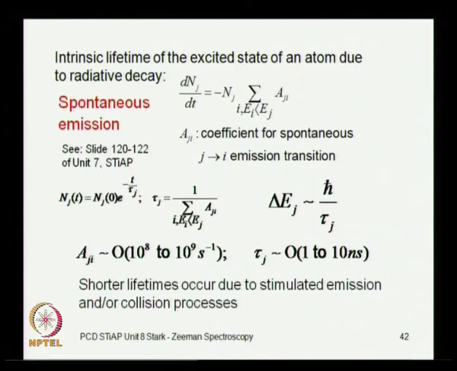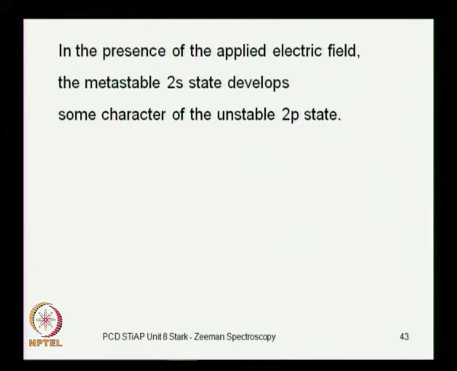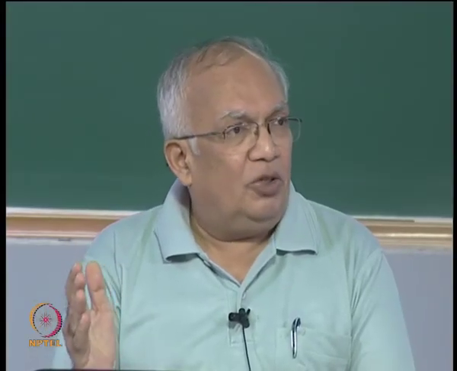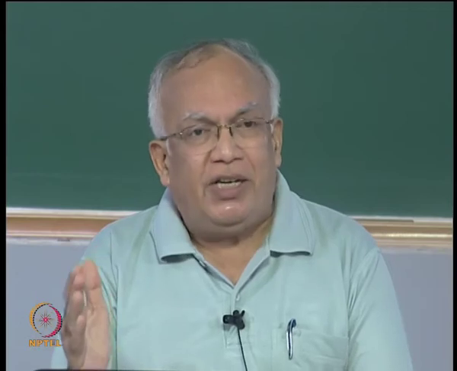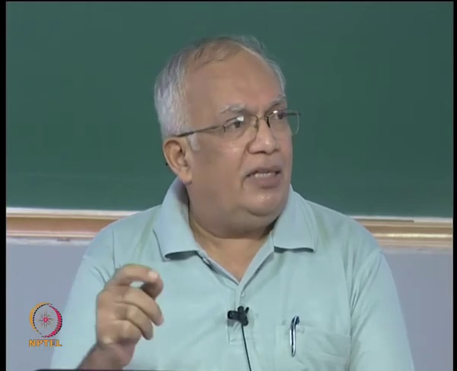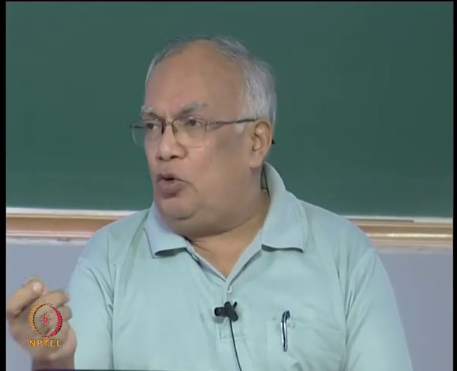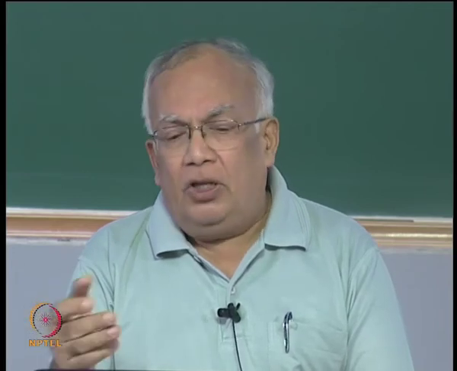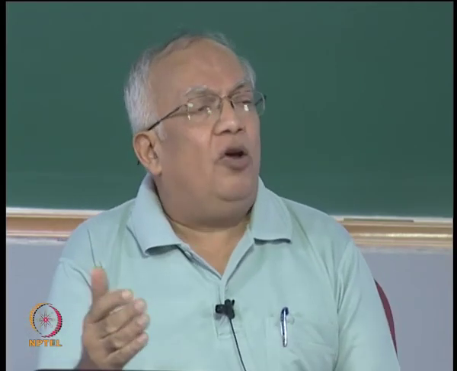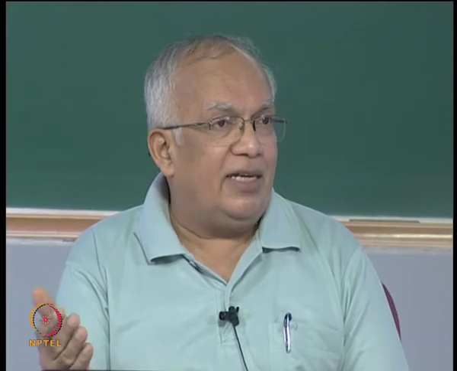Now, in addition to this, from the Stark effect that we have just discussed, we find that the 2s state acquires a little bit of 2p character because of the Stark effect. Okay, so the 2s state is not a pure state anymore, it develops a 2p kind of character. So, the 2s to 1s normally you will not have a dipole transition because that is a delta L equal to 0.